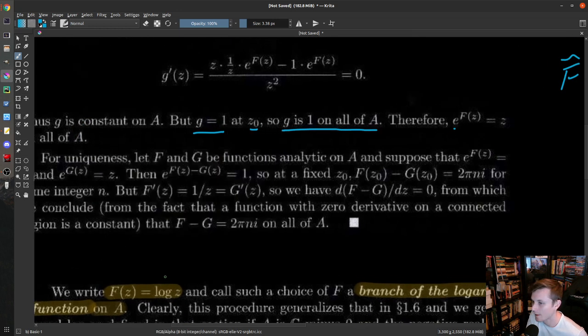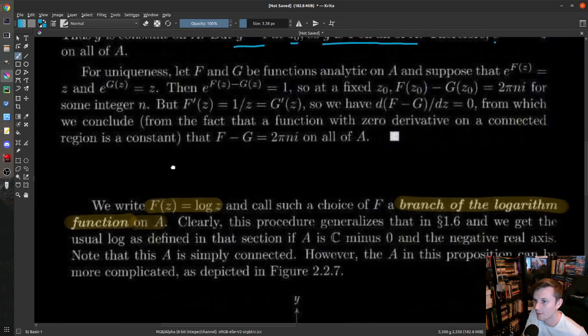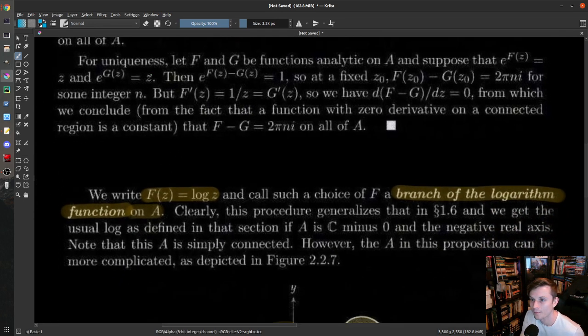Let me zoom in a little to make sure this is big enough to see. Then e to the F of z minus G of z is equal to 1, just take one divided by the other. Also, e to the G of z minus F of z is equal to 1.